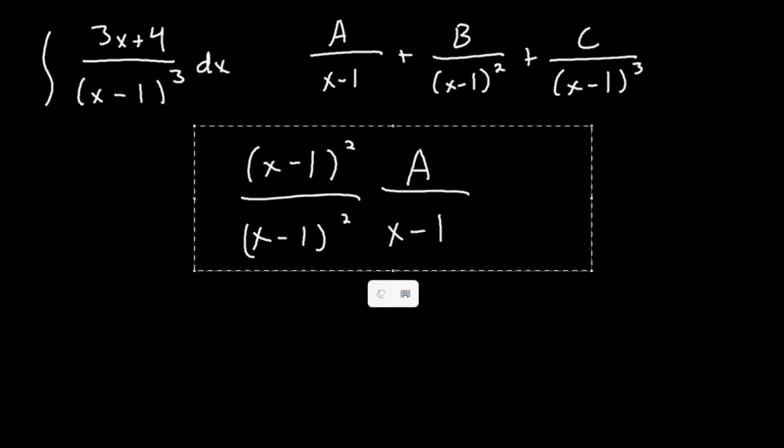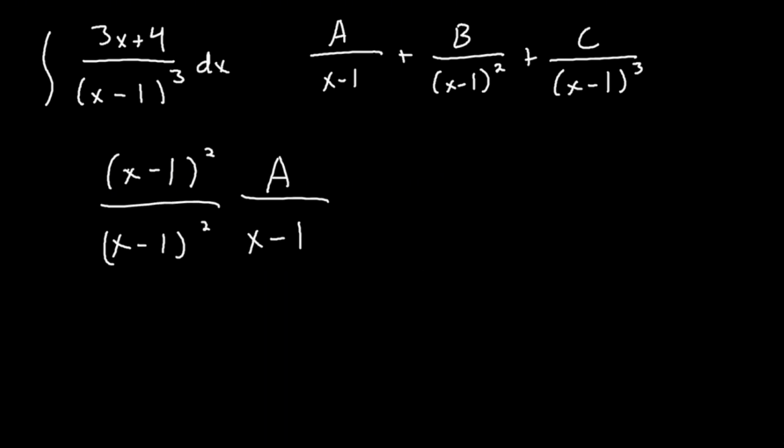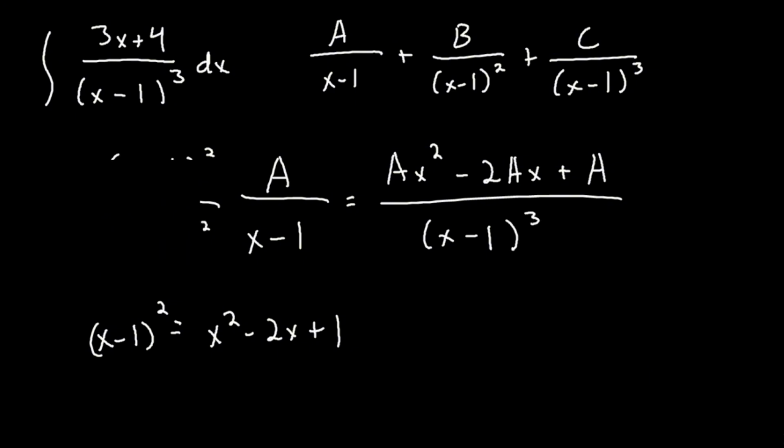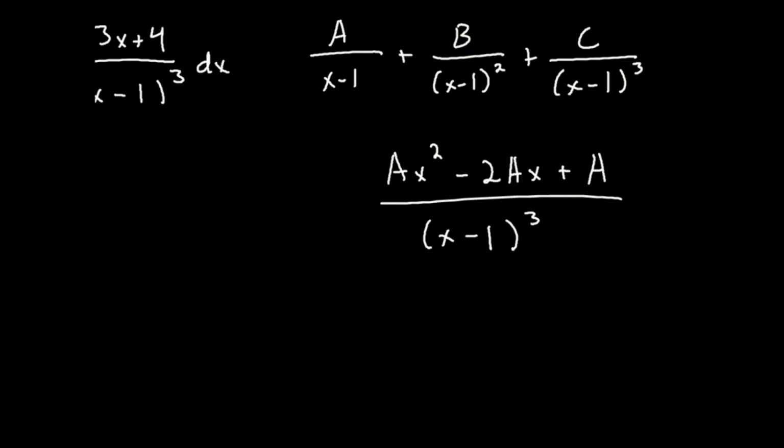Now let's expand x minus 1 squared to get x squared minus 2x plus 1. So we're technically multiplying a by x squared minus 2x plus 1. If we do that, we get ax squared minus 2ax plus a over x minus 1 cubed. All right, we solve for the a value.